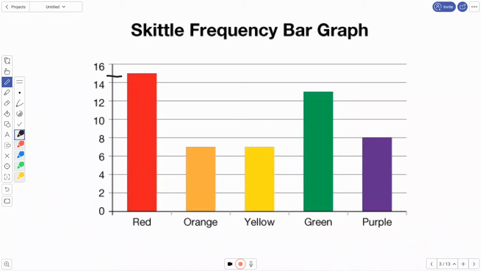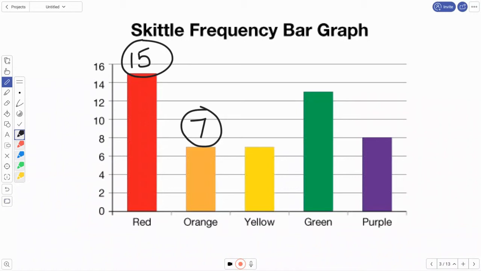If something is halfway in between and we're counting by 2s, then it has to be whatever number is in between there. And so that is 15. We had 15 red Skittles in this bag. Counting the orange, I see the orange goes halfway in between the 6 and the 8, meaning that is 7. So it's 7 orange ones.